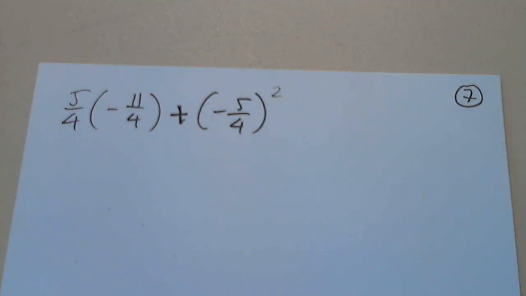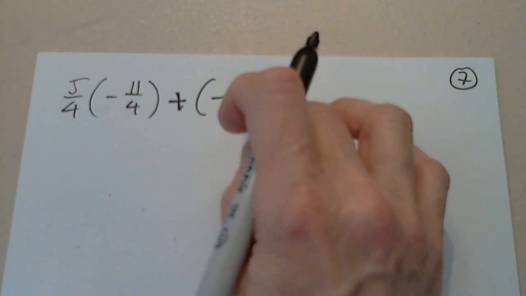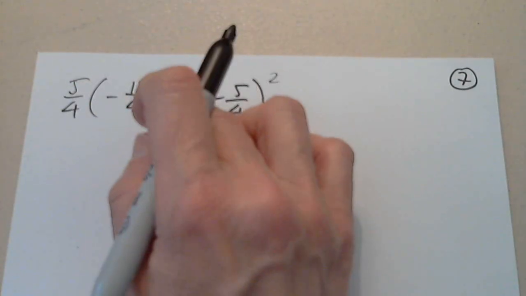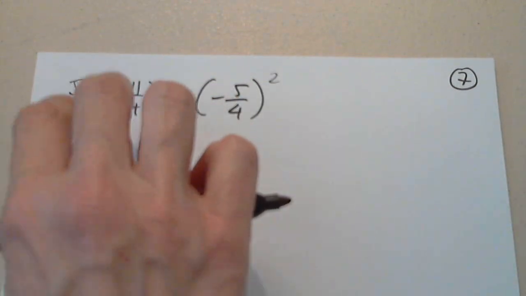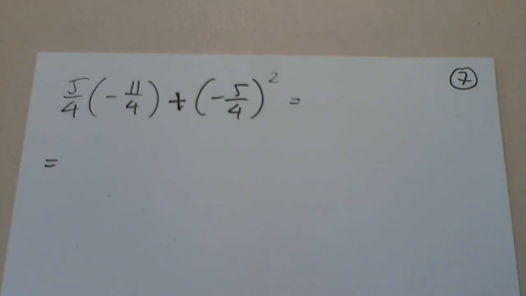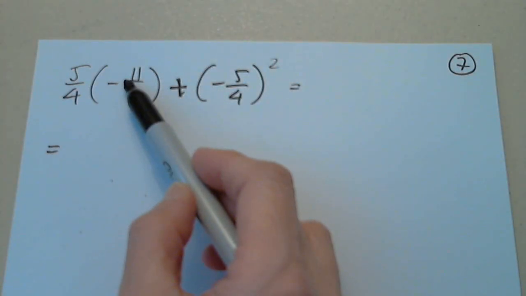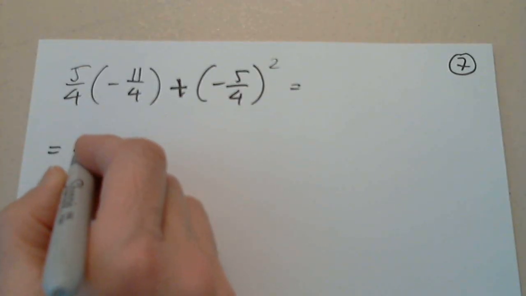Where is our starting point? Simplification. I would apply the power first, but since these two quantities are added, you can do them at the same step. I'm multiplying the positive by a negative. The result has to be negative.